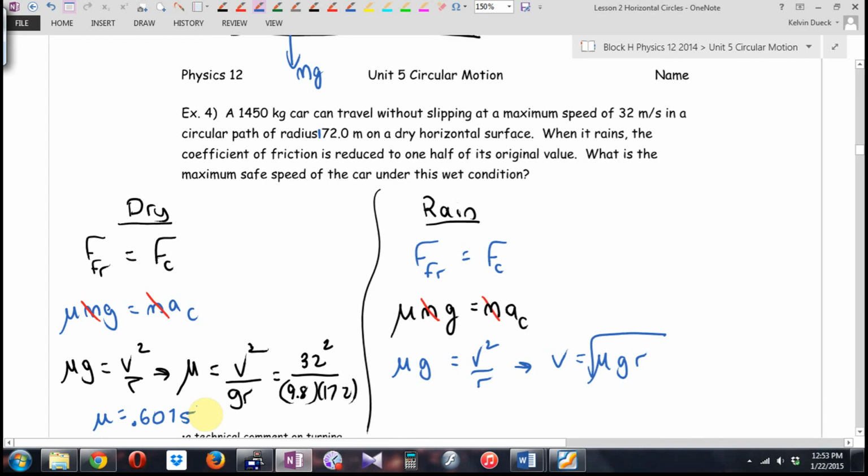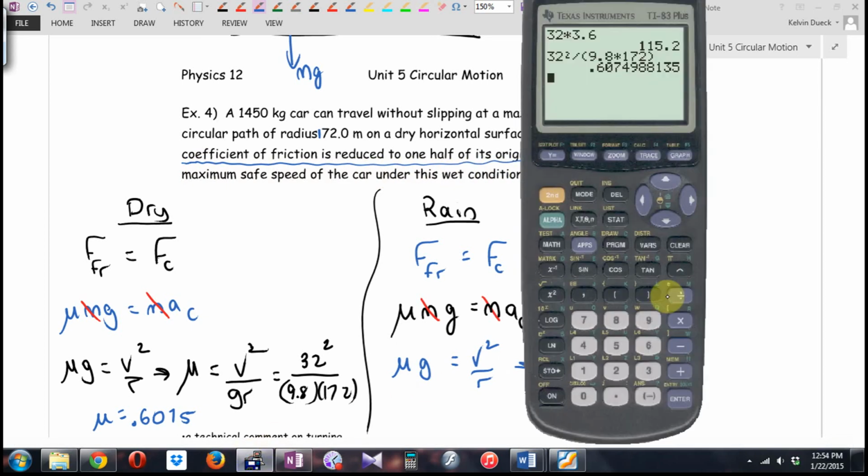Okay, no units. Now, it says when it rains, coefficient of friction is reduced to 1/2 its original value. So I'm going to divide by 2. I guess when it rains, the coefficient of friction is 0.30375.